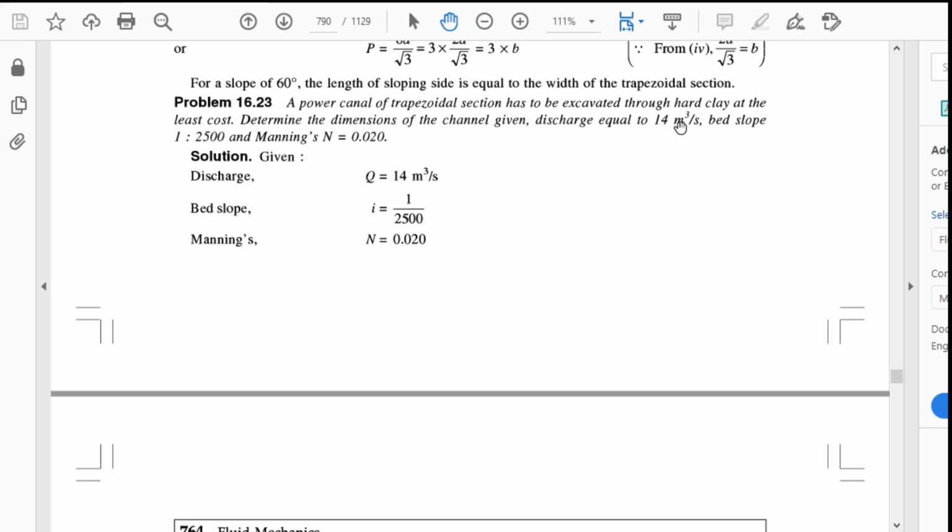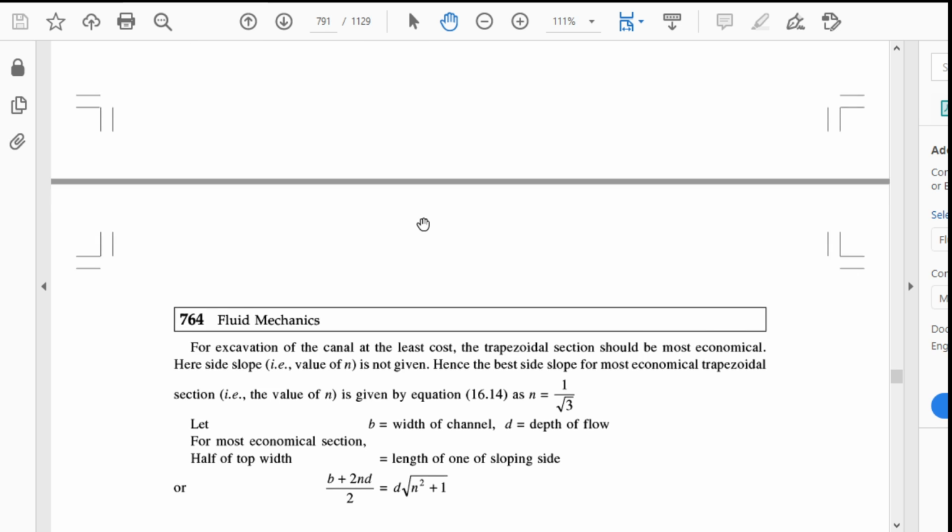Discharge is given as 14 meter cube per second and the bed slope is 1 is to 2500 and the Manning's N is 0.020. Your bed slope is nothing but your i, which is 1 divided by 2500.